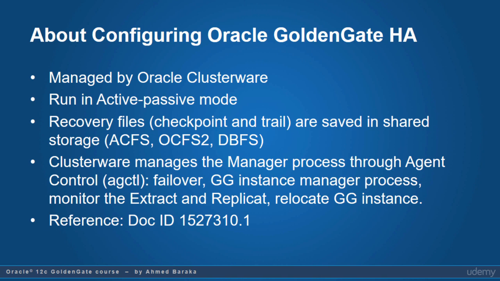You will need to configure a shared storage to save the GoldenGate checkpoint and trail files. Shared storage can be configured using ACFS, OCFS2, or DBFS. ACFS is the recommended option.